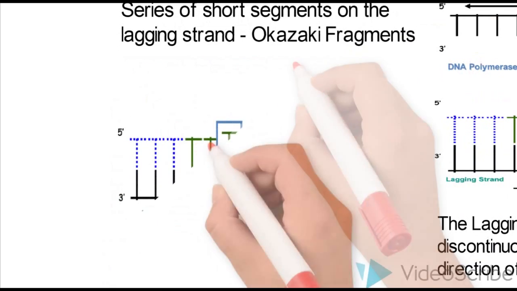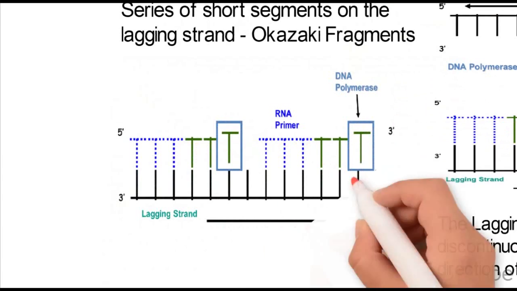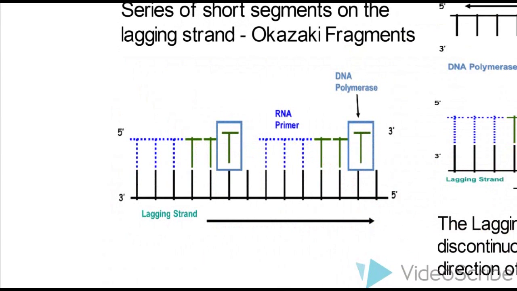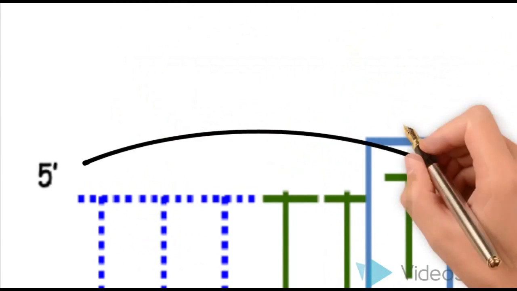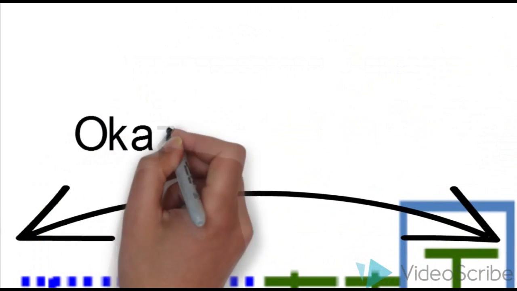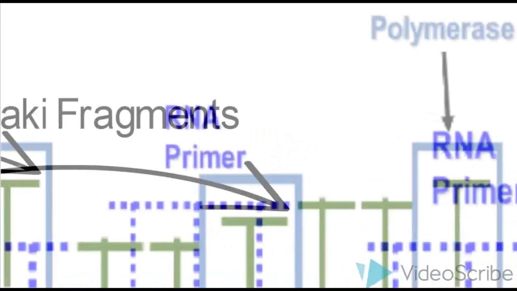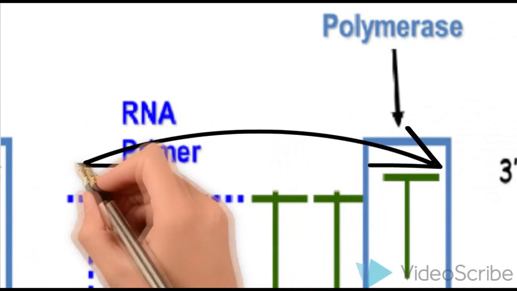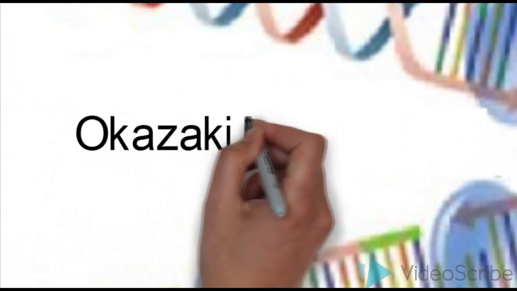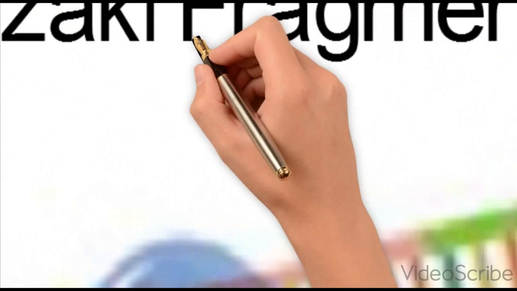So here is one of the short segments, you see an Okazaki fragment. And the next part will be another Okazaki fragment. Let's enlarge it. So this is an Okazaki fragment, in a bigger illustration.